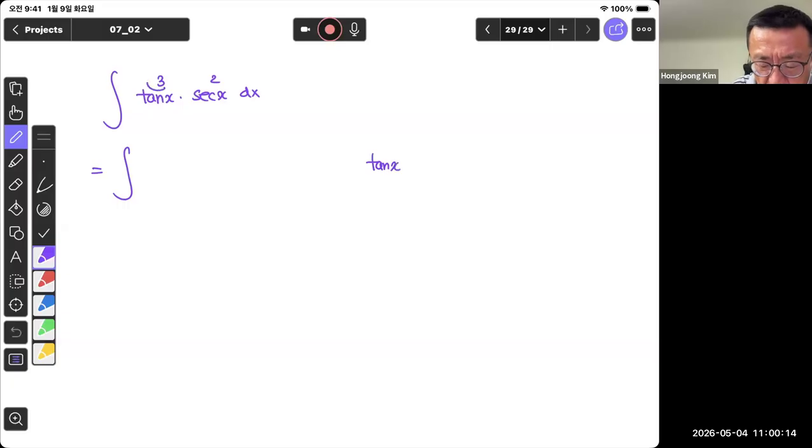So if the power of tangent is an odd number, then you take one copy from tangent and one copy from secant. Okay, then what is the remaining? We have two copies of tangent and one copy of secant.